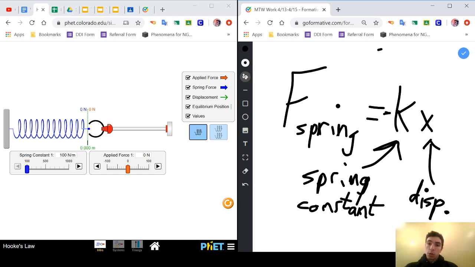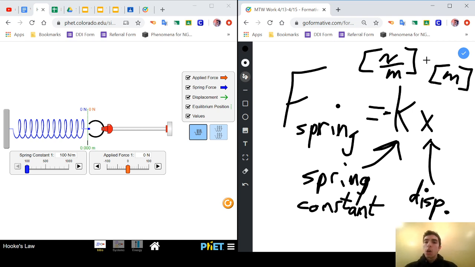So our units here, I'm just going to put it above our newtons per meter for the spring constant. Our units for displacement are still generally in meters. So this way, when we multiply those two together, we will have our units work out, our meters are going to go away, and then we should just end up with newtons for our spring force.